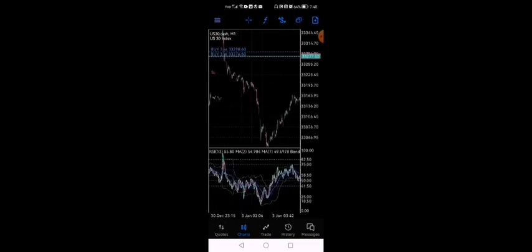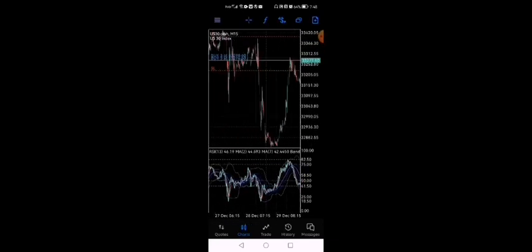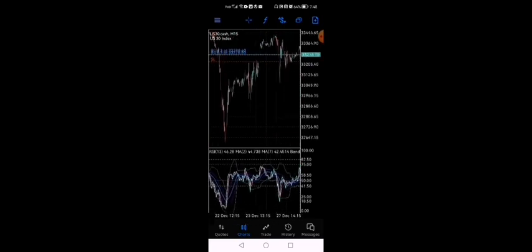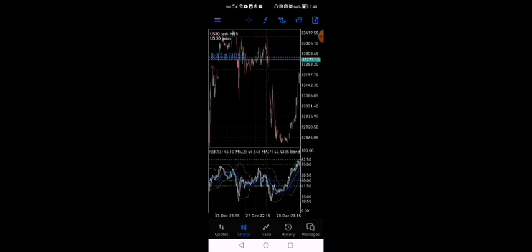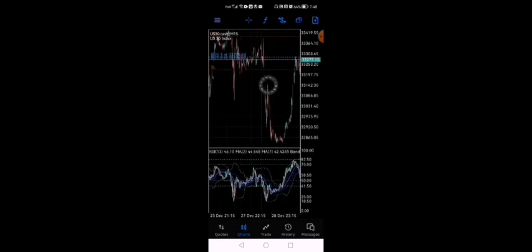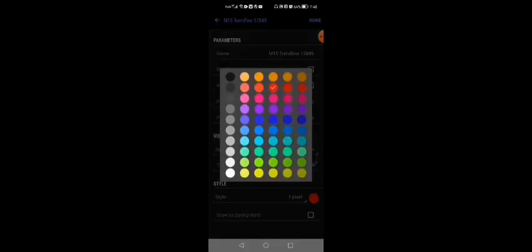Let's just see. On M15 we can search for some. Yes, here this is a good divergence from over here. Like if we draw it, yeah, I guess you can see it in a much more perfect way. Let's just make it a little bit brighter.